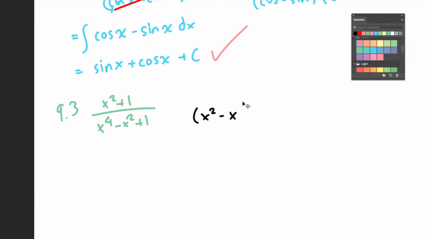Right? No, I think it's this. Here, wait. This should be an integral. Okay, cool. Now, if we take out the x squared, we get x squared minus 1 plus 1.